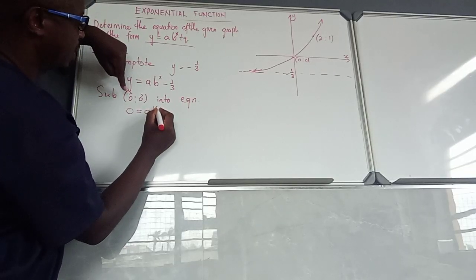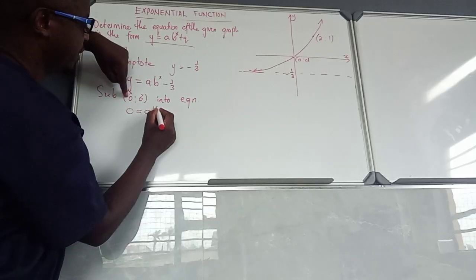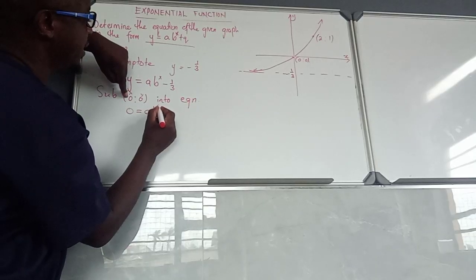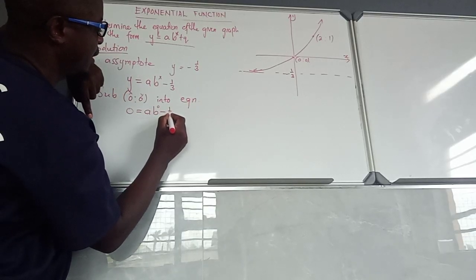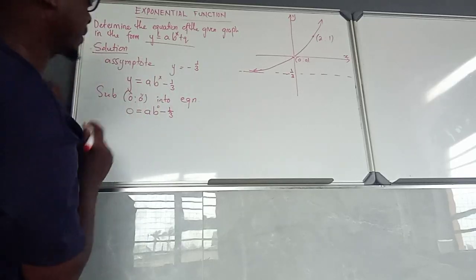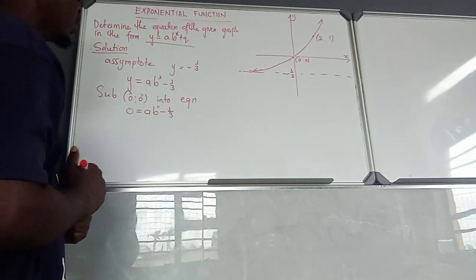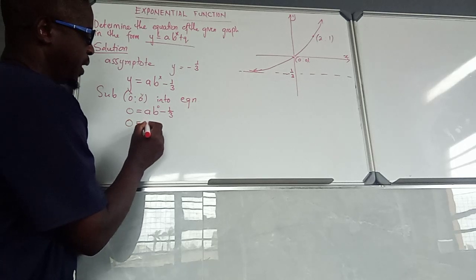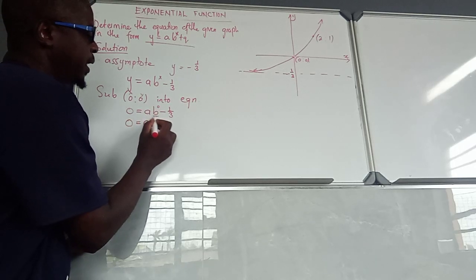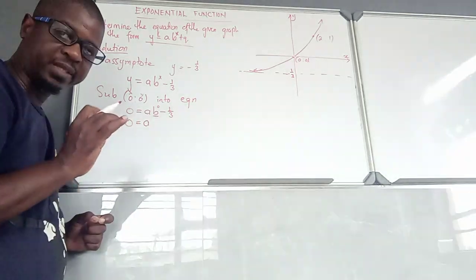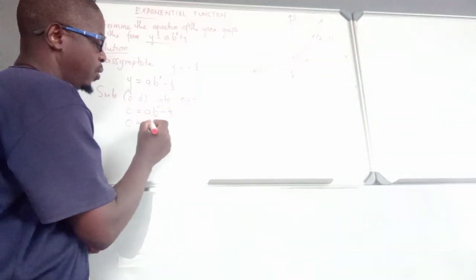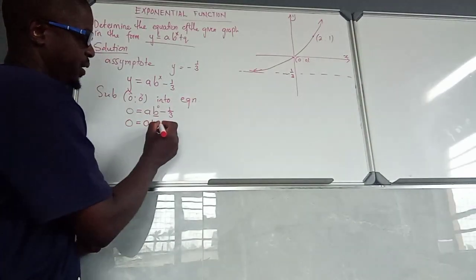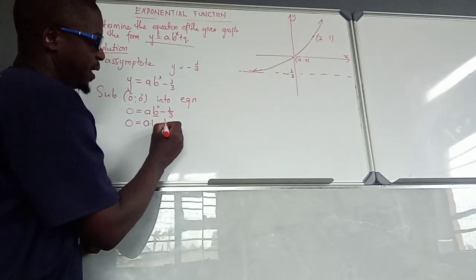My x value is 0, so I'll write a 0 here, minus a third. And what does this mean now? It means 0 is equal to a times b to the power of 0. Any number raised to the power of 0 is 1. And then my minus a third.